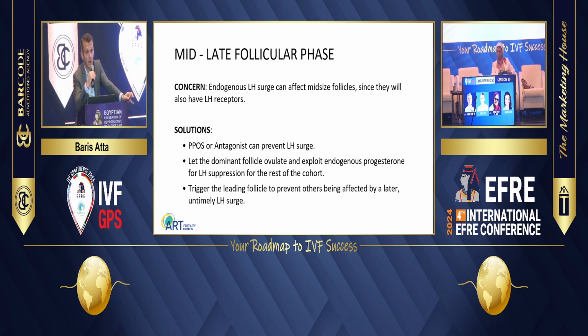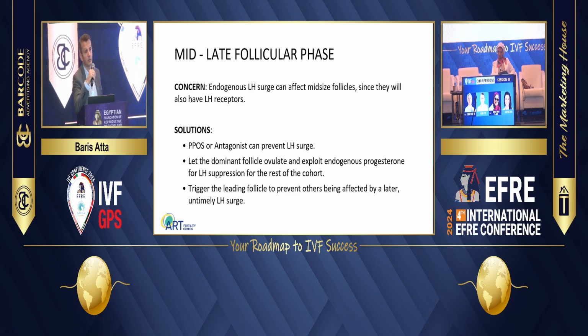What happens if you start stimulation in the mid or late follicular phase? Your concern would be that an endogenous LH surge may occur in an untimely manner and can trigger your mid-sized follicles when they're not ready for collection yet. So how can you manage this?